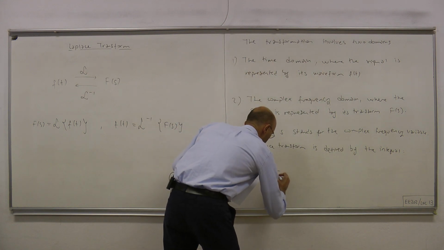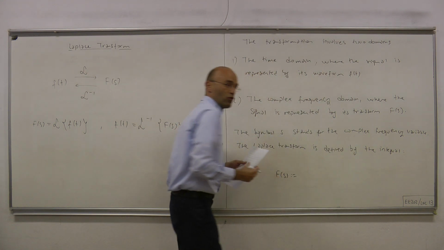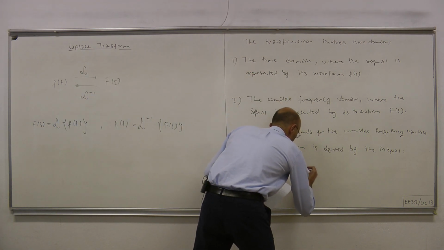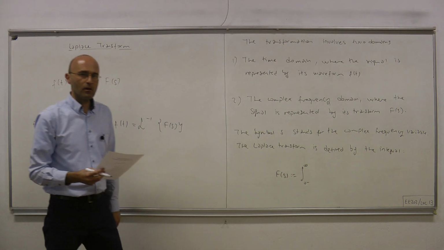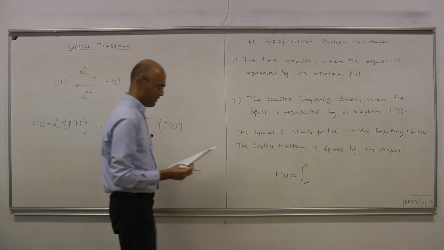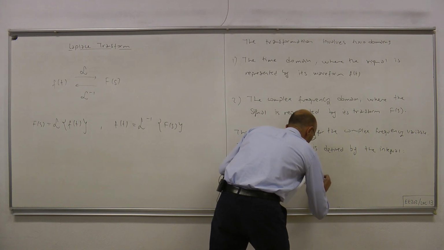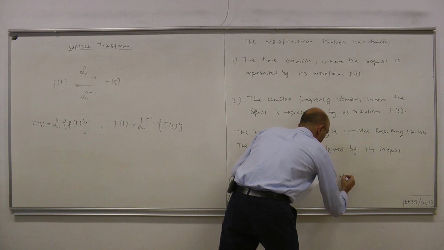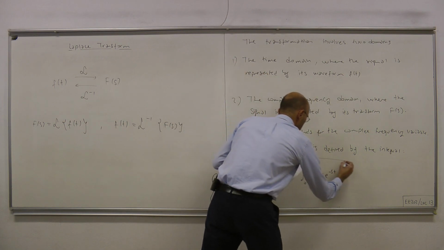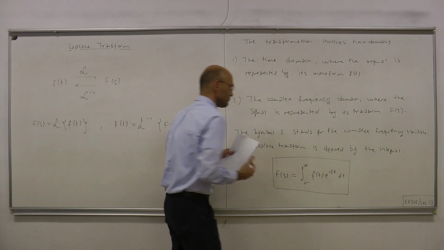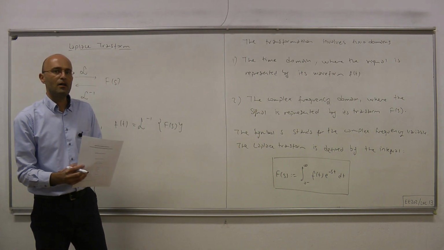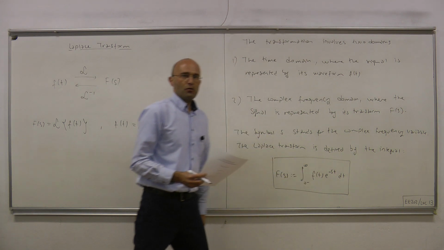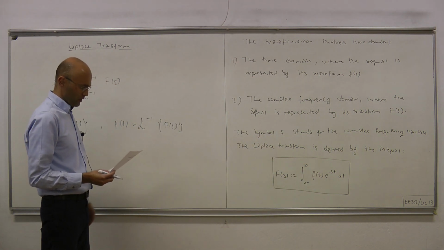F of s, the Laplace transform of a time domain signal f of t, is computed through this integral from 0 minus to infinity, where we multiply f of t with e to the minus st. And all the properties that we will consider in this lecture will be a direct consequence of this definition or this construction.